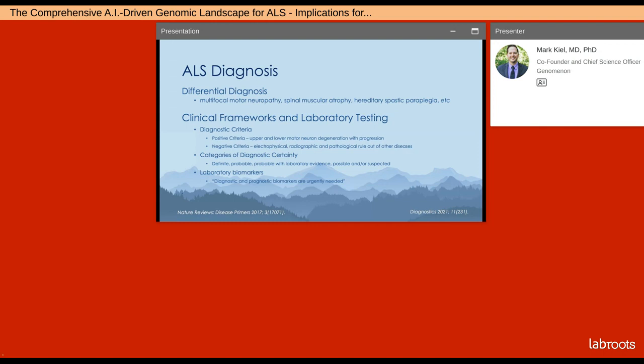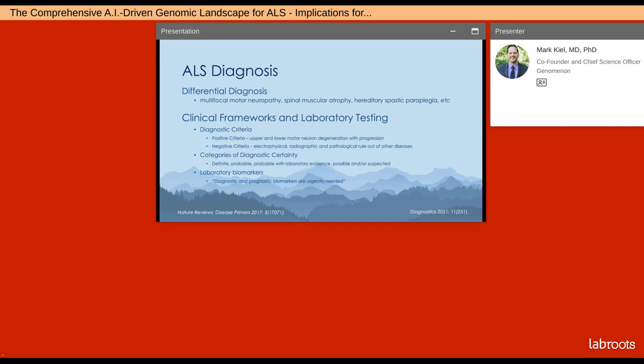well as negative criteria. For positive criteria, patients must exhibit both upper and lower motor neuron degeneration and evince progression of disease. For negative criteria, this involves a rule out of any one of those additional diseases in the differential diagnosis for ALS, usually through somewhat invasive laboratory testing, including electrophysical and pathological laboratory findings, but also includes less invasive radiographic techniques.